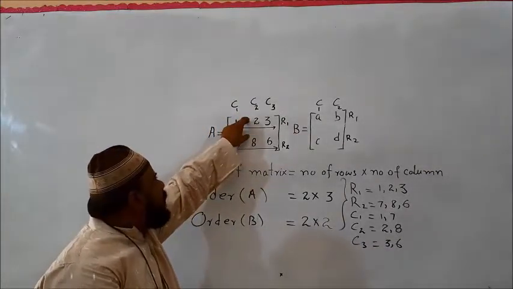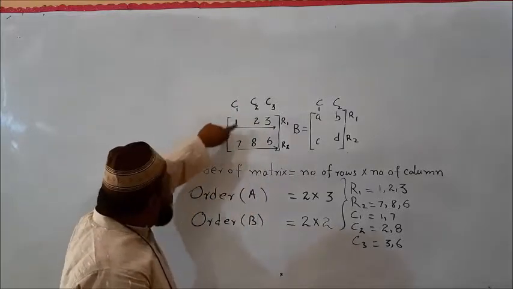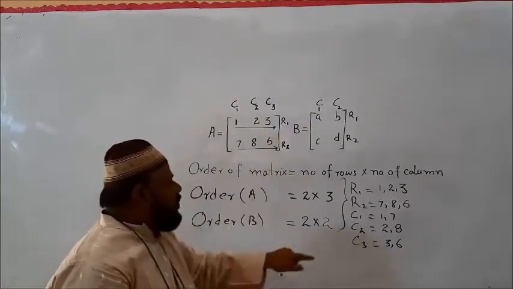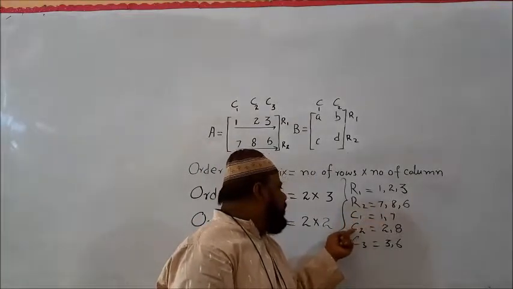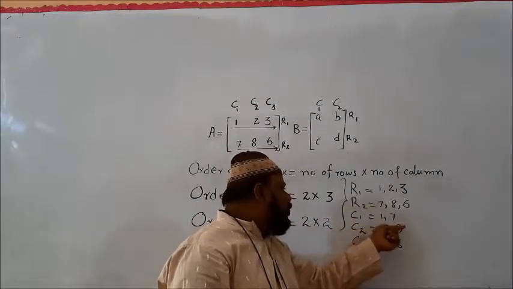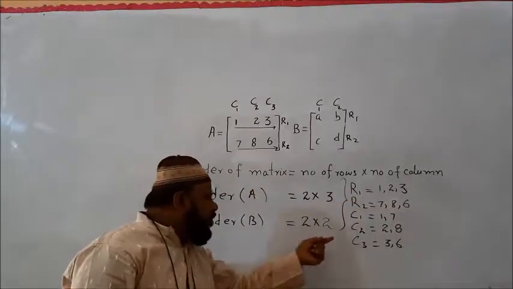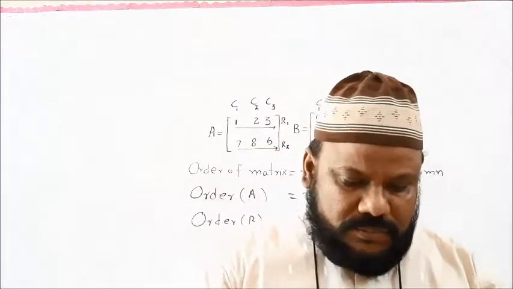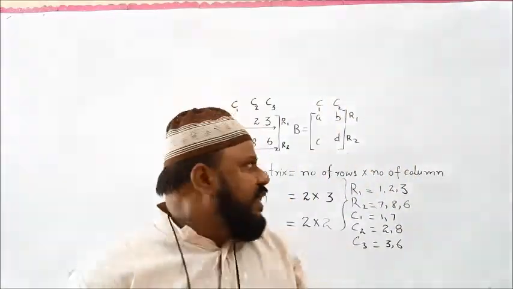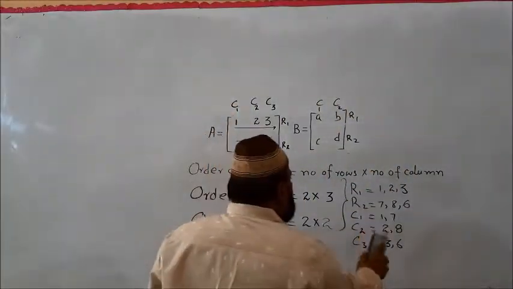Look very carefully. You have first column, second column and third. So I wrote here first column elements 1, 7, second column elements 2, 8 and third column elements 3, 6. Not a problem. All of you look very carefully. You write.